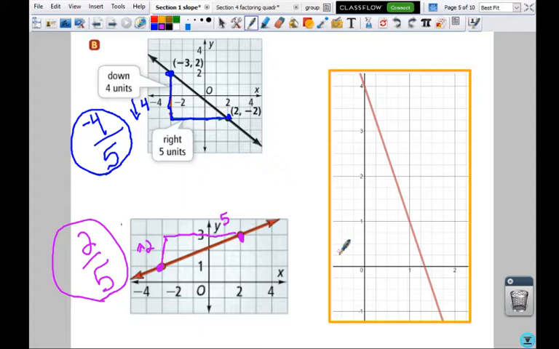No, it's rise over run. Oh wait, no, it says left or right. What'd you get? Rise over run. Pick 2 points you know for sure where they are. Ignore those.